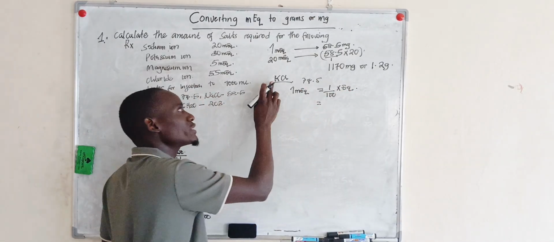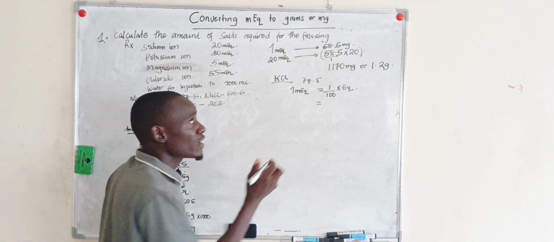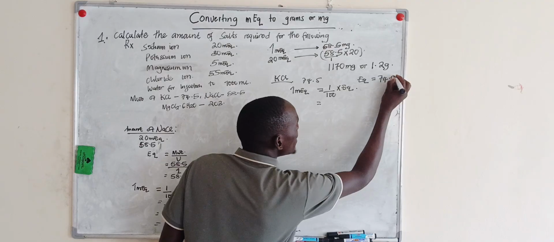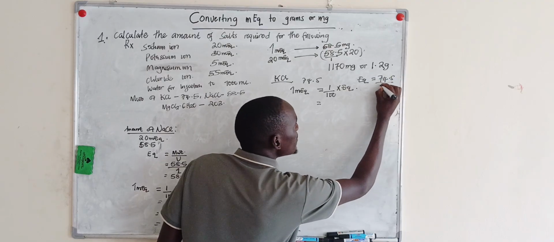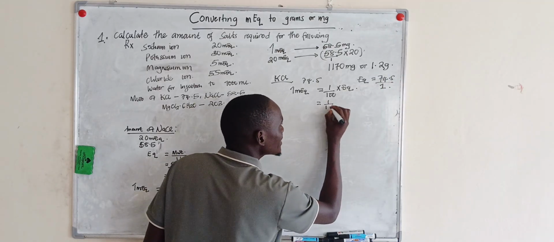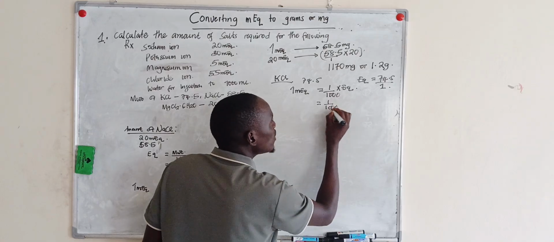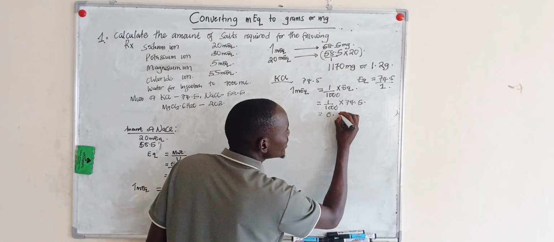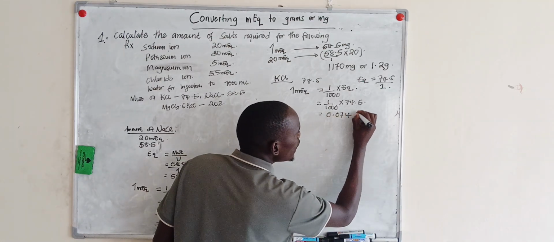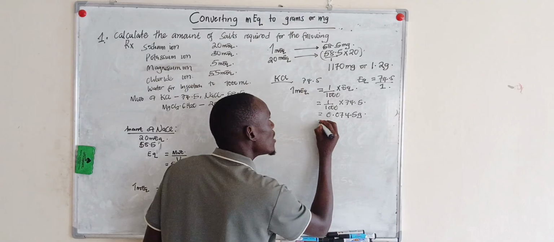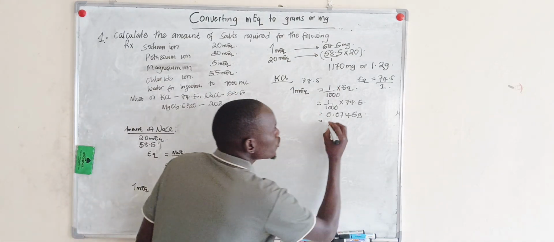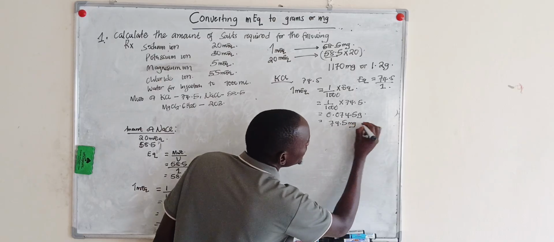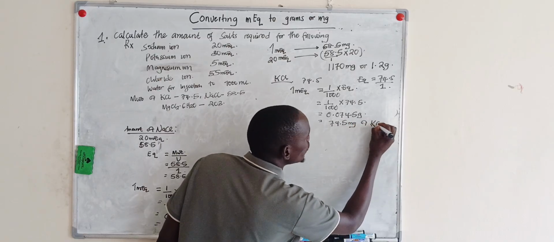So that means since potassium has got 1 valence, its equivalent weight will be equal to its molecular weight divided by 1, which will still give us the same answer as 1 out of 1,000 times 74.5. So when we convert this, we shall get 0.0745 grams. But remember, we said it should be in milligrams. So this will be 74.5 milligrams of potassium chloride.